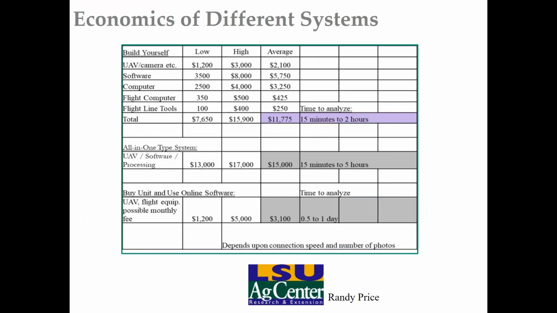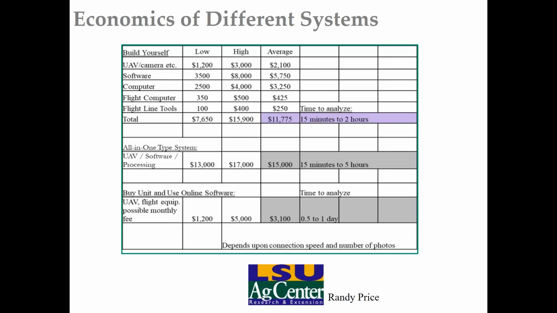Just as we decided to conduct analysis of the types of features we need when purchasing an aircraft and sensor, we should put pen to paper and evaluate what approach makes best sense for us. One option is to own your own aircraft, sensor, computer, and software.